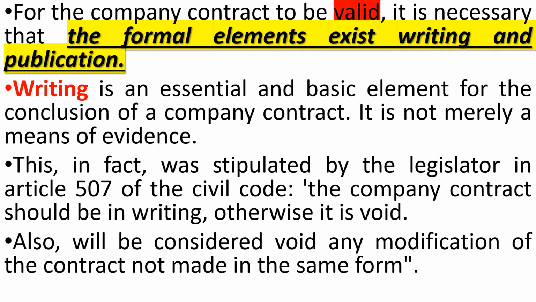Now we are talking about the formal elements of the company contract. To be valid, the company contract should be in writing and published. Publication is a very, very essential element of the company contract, because it is used as evidence of the company contract.